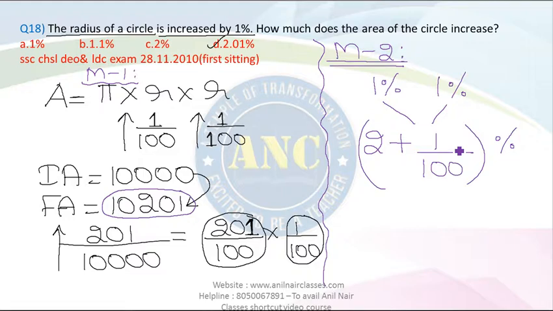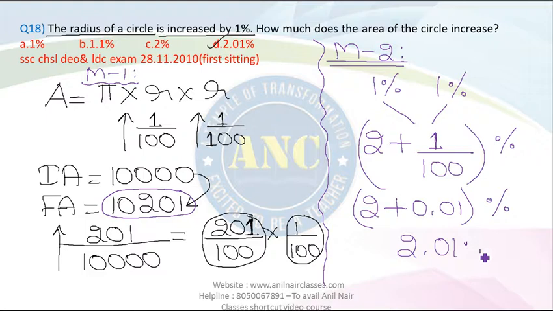So it is 2 plus 1 by 100, which is 0.01. 2 plus 0.01 is nothing but 2.01 percentage.